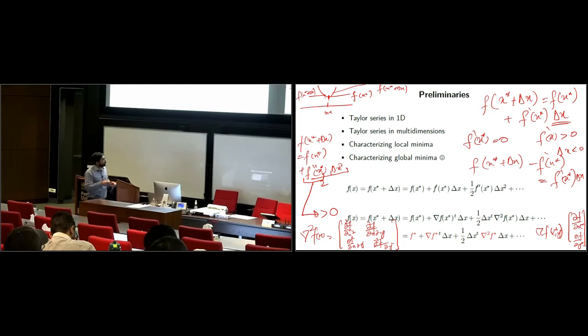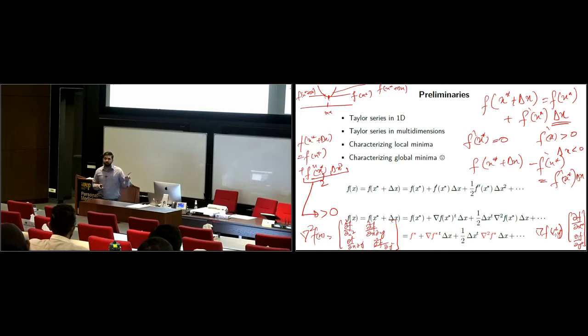By the way, what is the equivalent in 2D of the condition for a minima that we saw in 1D? Anybody want to take a guess? If you want to find a minima in 2D, what would we check? Gradient goes to 0? Exactly, yeah. So the gradient is 0 and the Hessian matrix is positive definite.